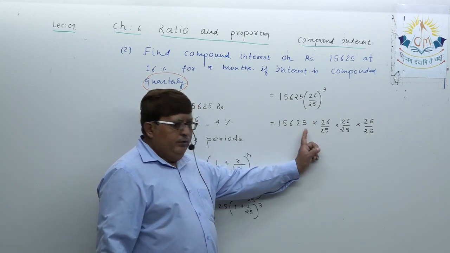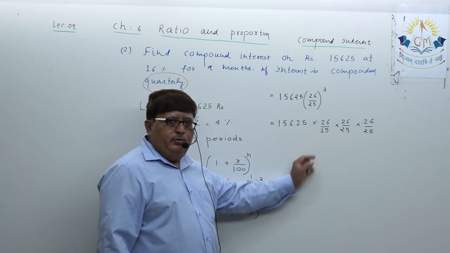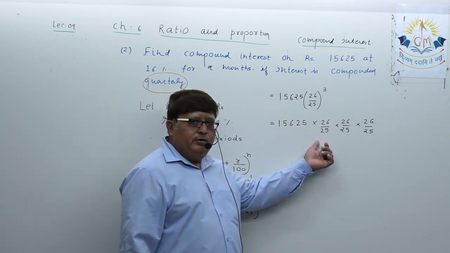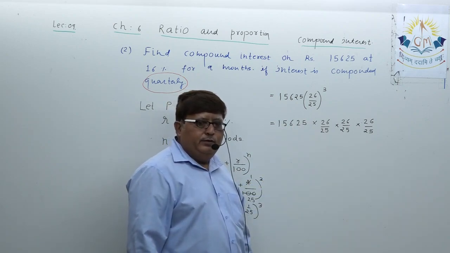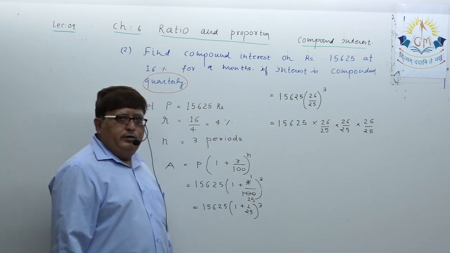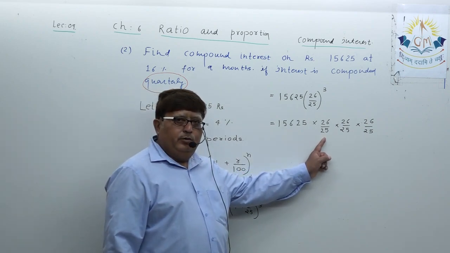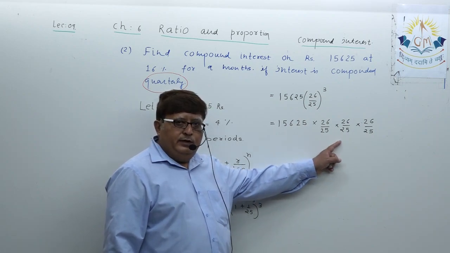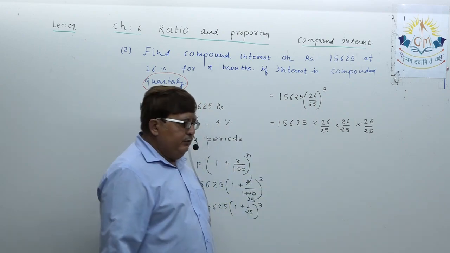No doubt, no need that what struck to my mind has to stimulate your brain also. But one thing got clear, 15625. This particular number is a cube of 25 already. 25 into 25 into 25, 15625.